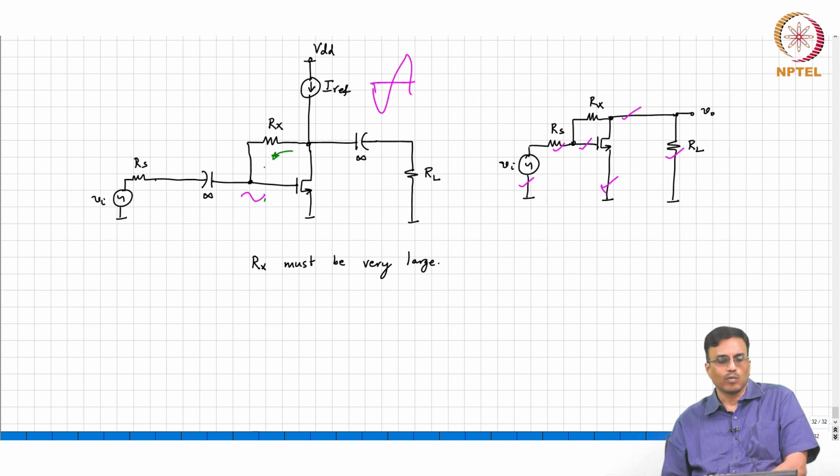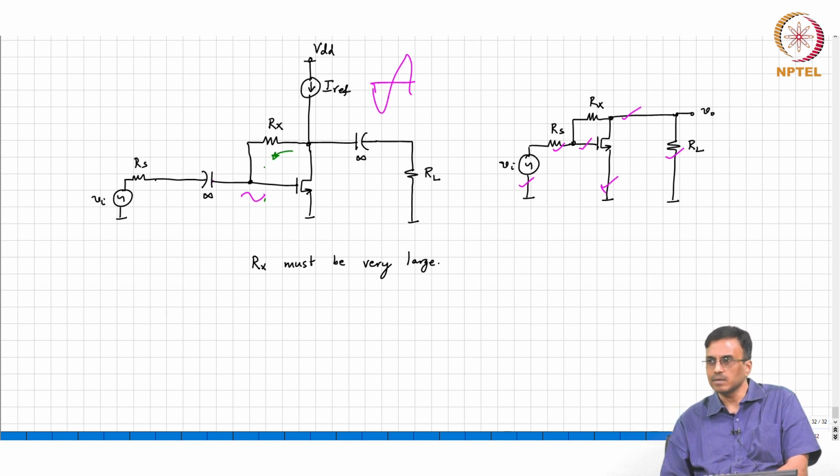What is the current flowing through RL? Vd by RL, correct. So, when you say a large Rx, you want all the incremental drain current to flow through RL, and the voltage across Rx and the voltage across RL is roughly the same, correct.